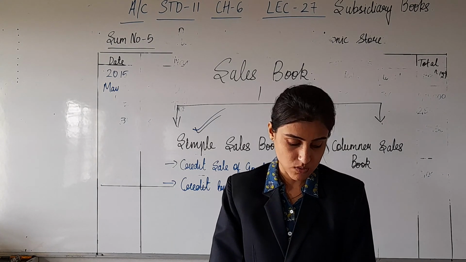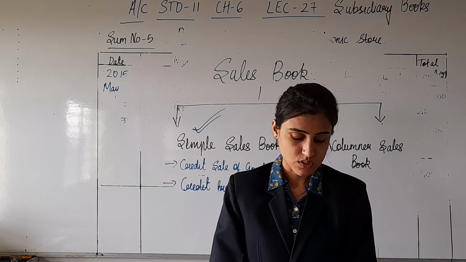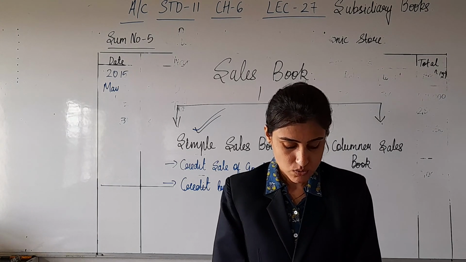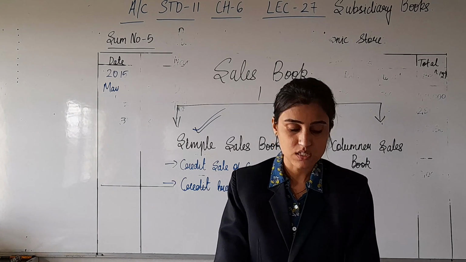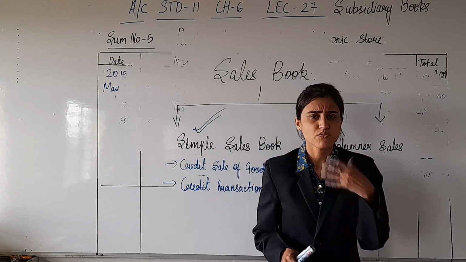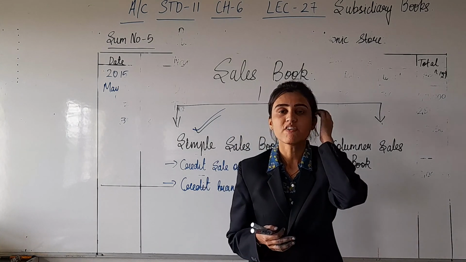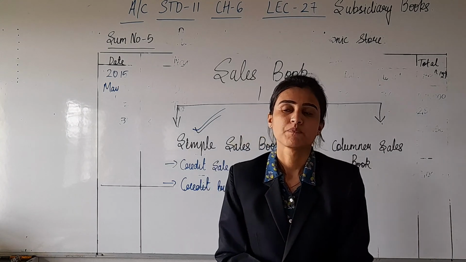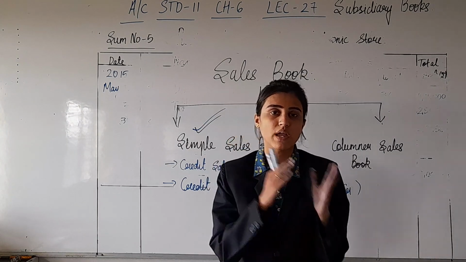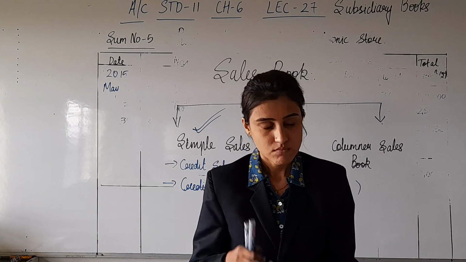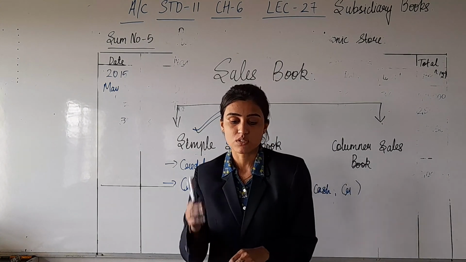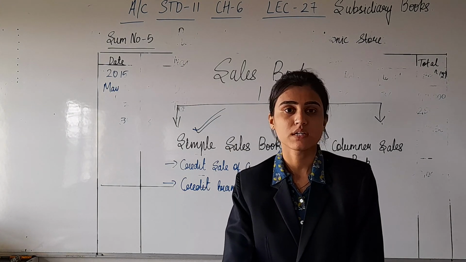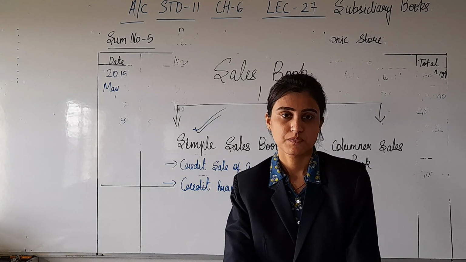Then talking about the amount, goods of rupees 8,000 at 5% trade discount. First of all, what is 10% of 8,000? It is 800. So 5% is half of 800, so 5% of 8,000 is 400. So 400 is the discount. So 8,000 minus 400 gives you 7,600. So the net amount of goods to be recorded is 7,600.